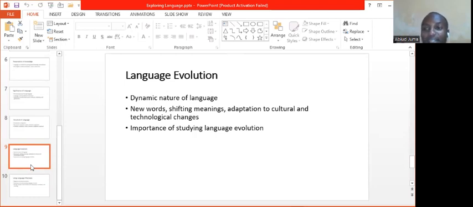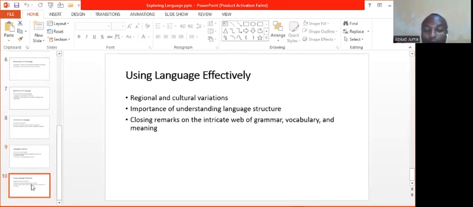It doesn't mean that the earlier language was inferior or superior to the language that we are using now. This language is also neither inferior nor superior to the other language. So by understanding that, you can be able to appreciate the earlier language and also the language that we are using now.